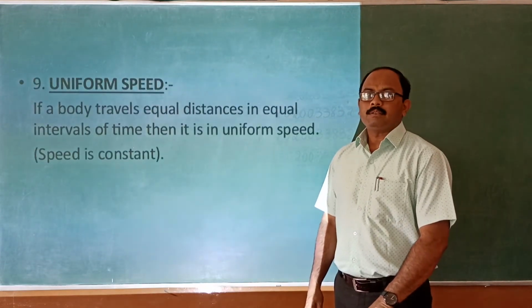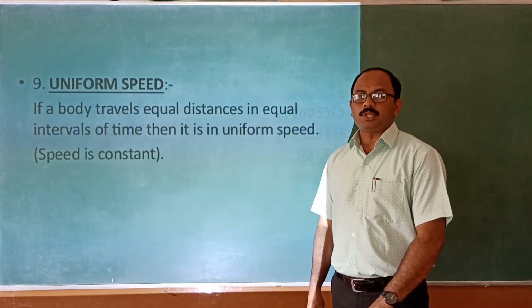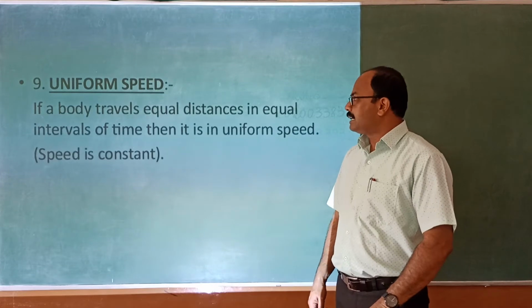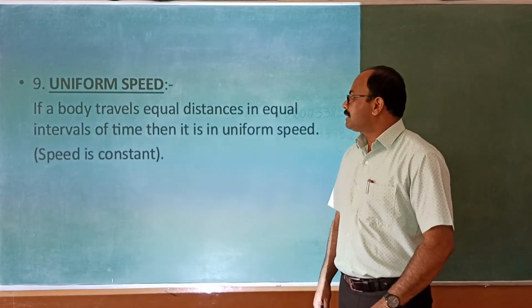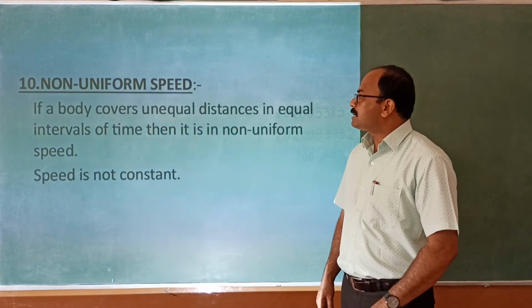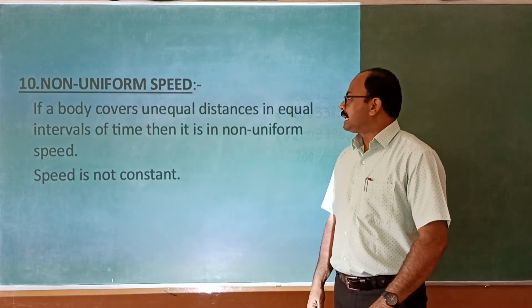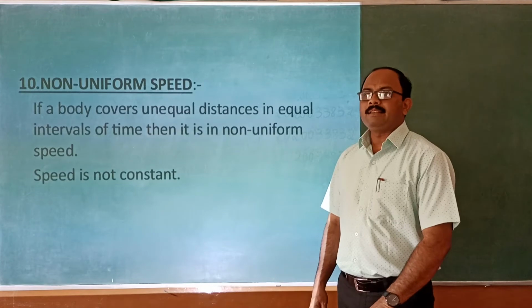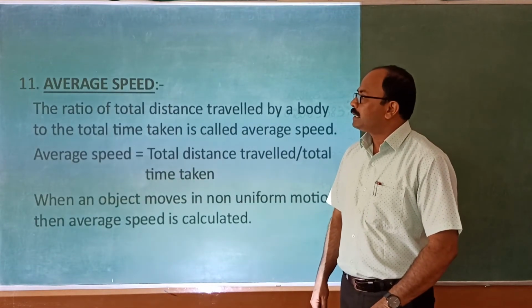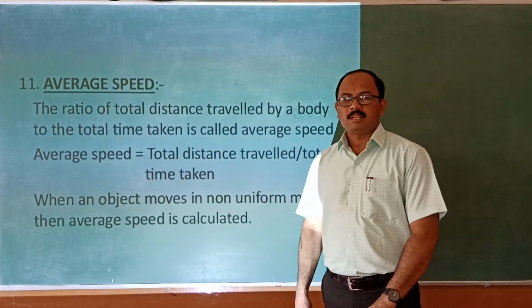Uniform speed is very similar to uniform motion, children. If an object travels equal distances in equal intervals of time, then it is in uniform speed. If an object covers unequal distances in equal intervals of time, then it is in non-uniform speed. Average speed, children.